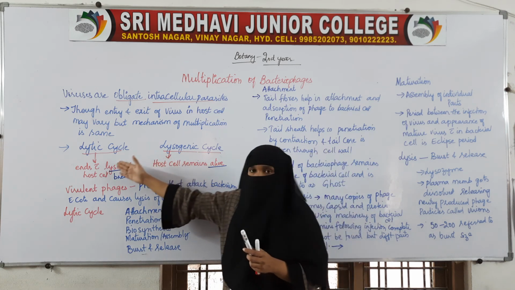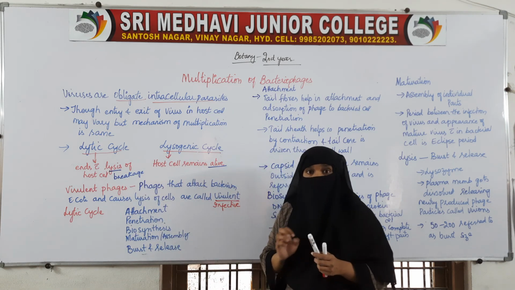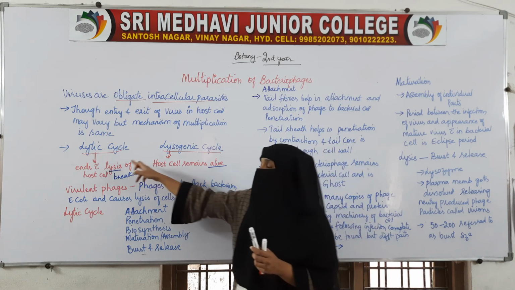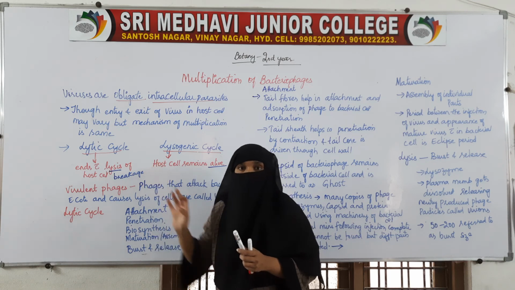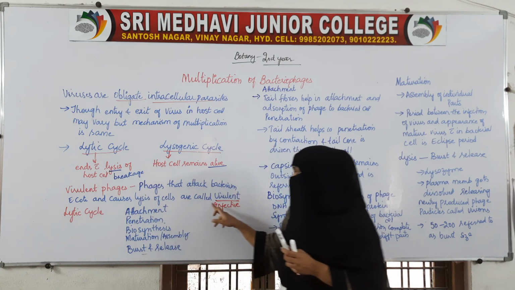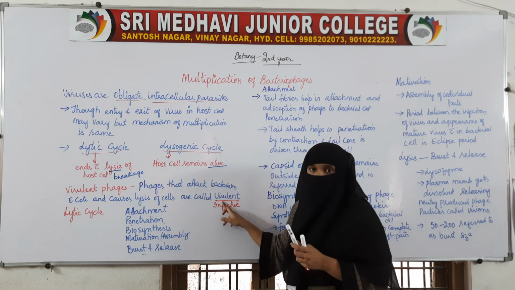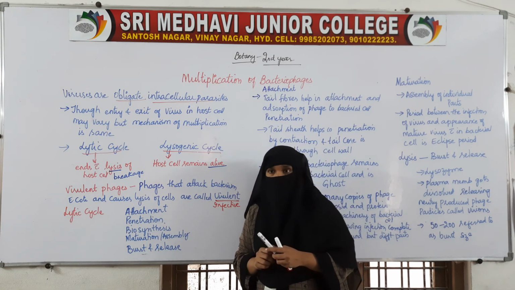Some viruses break the cell at the end; some do not. The viruses which break the host cell, damage it and completely destroy it, such bacteriophages are called virulent, that is infective, phages.